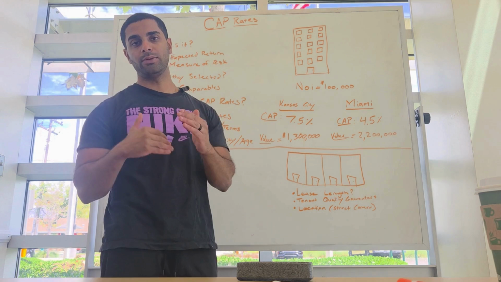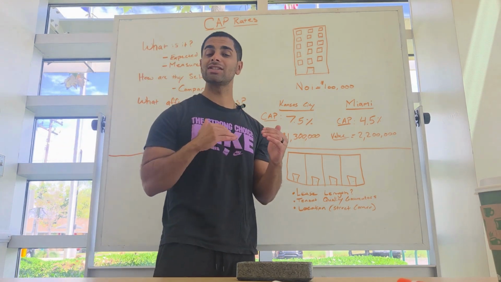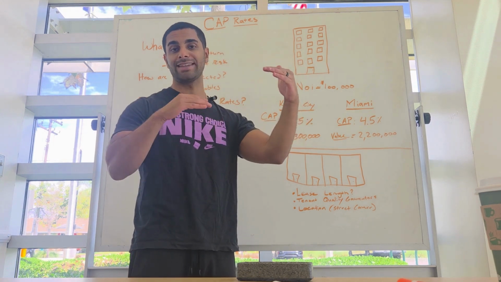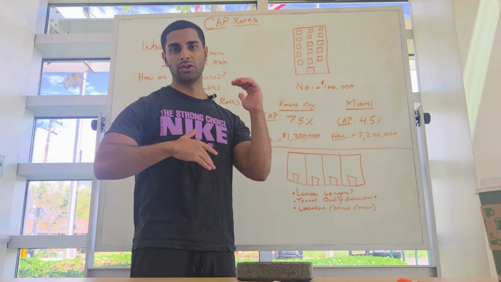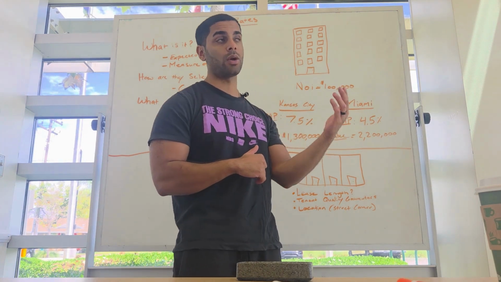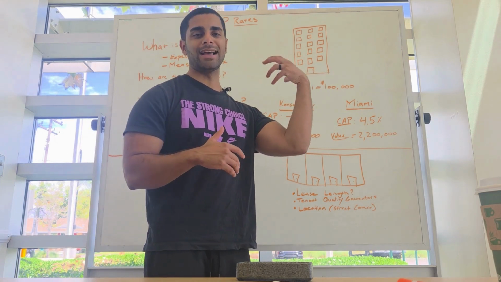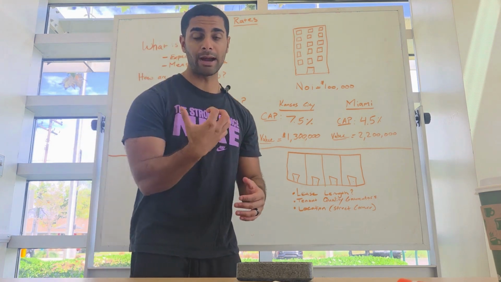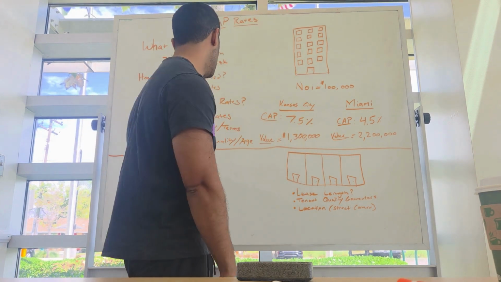That discrepancy between cap rates and interest rates causes cap rates to expand, especially if interest rates are higher than cap rates. Cap rates will start expanding until they reach a new equilibrium. So as interest rates go up, cap rates will tend to follow, and vice versa. As interest rates drop, cap rates will tend to compress and go down.